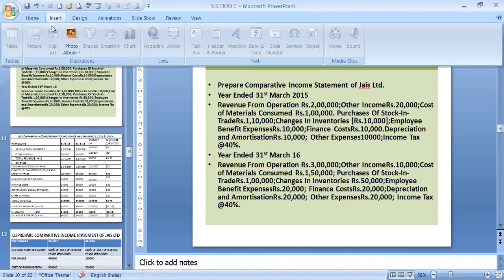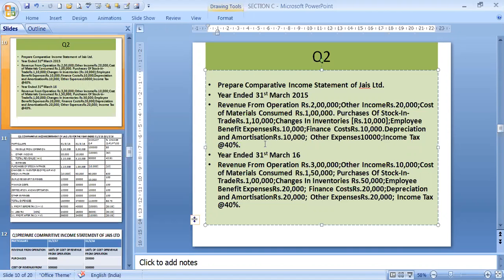Actually, cost of material consumed is equal to purchase plus changes in inventory. That is the cost of material consumed formula. That means we cannot take both of them.